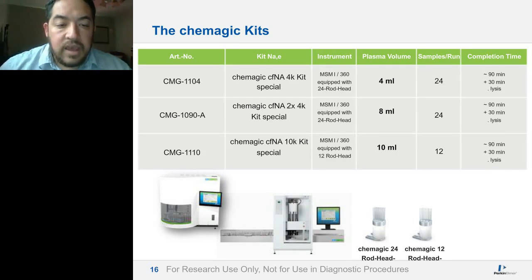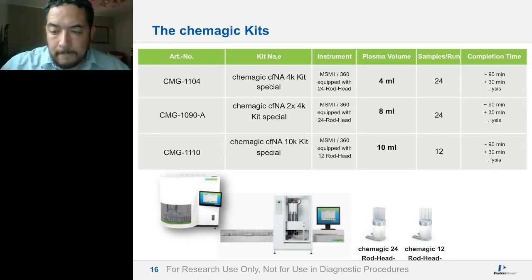And lastly, we have the CMG-1110, which refers to the chemagic circulating cell-free DNA 10 mL kit. That's the one that uses our 12 rod head and basically uses 50 mL conical tubes. So once the plasma is separated, you can use these tubes for performing the lysis, and it's a very rapid and simple procedure for putting on the instrument.